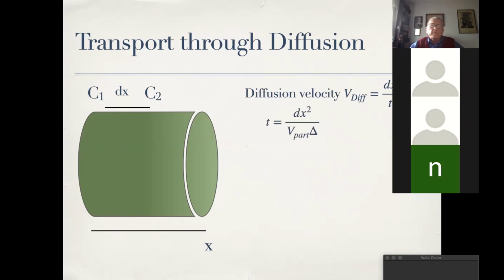So if the velocity of a particle is v part, and the step it does is delta, as in our previous calculations, then the time is dx squared divided by v particle times delta. So that allows me to calculate the relation between the diffusion velocity and the particle velocity. If delta was equal to dx, they would all be equal, like in a gas. But in a liquid, that's not the same quantity.